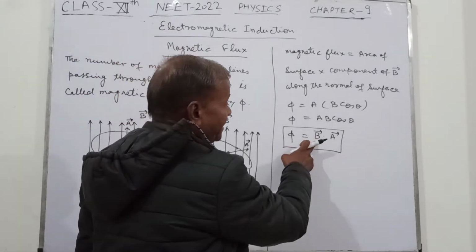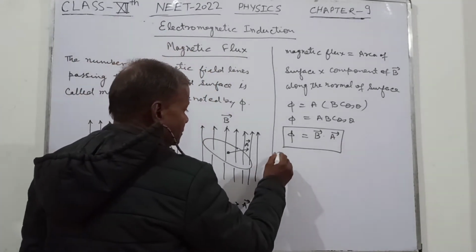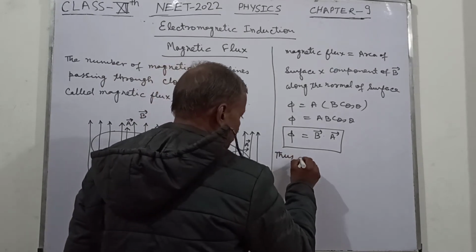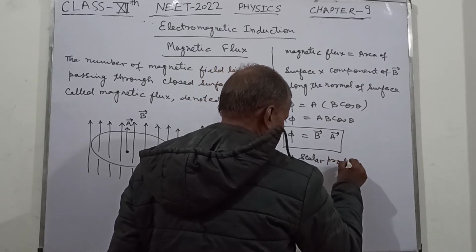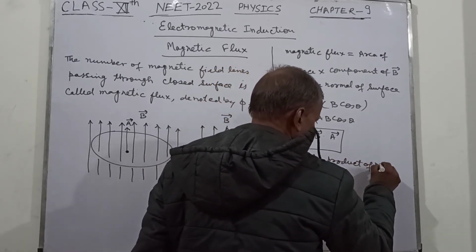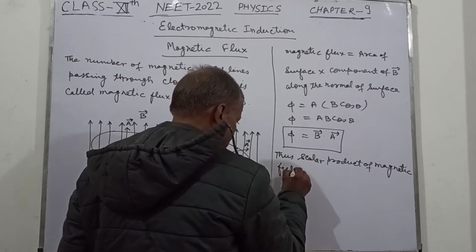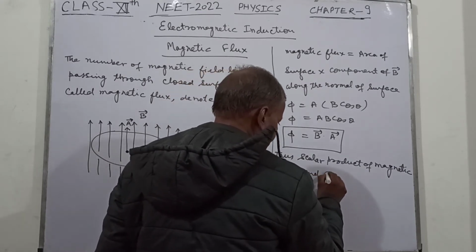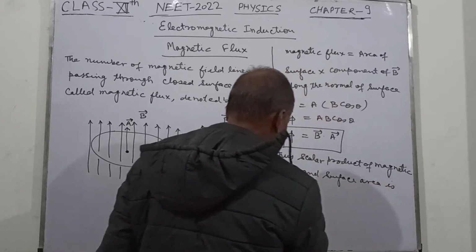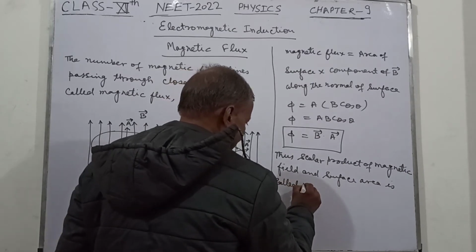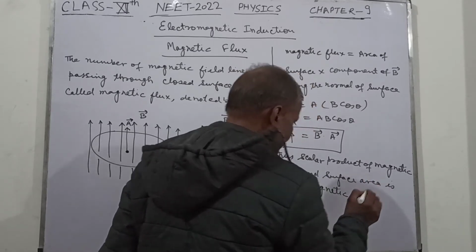So the dot or scalar product of the magnetic field and the surface area is called magnetic flux phi.